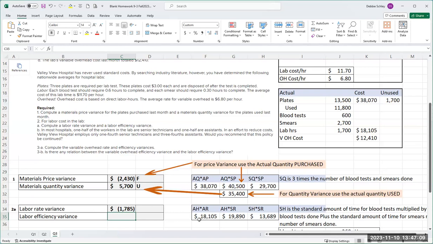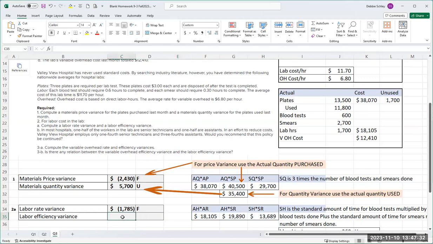What actually happened is less than what the standard, what I expected to happen, right? There's the standard. And so this is favorable. And again, you put these all in as positive numbers, regardless of whether you're getting negative or positive here.